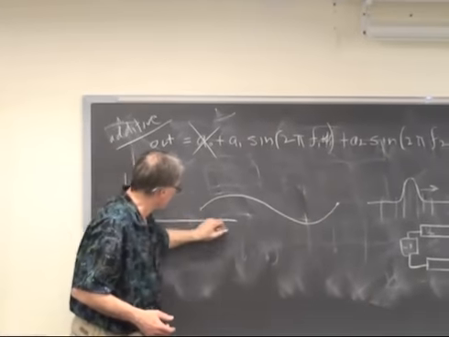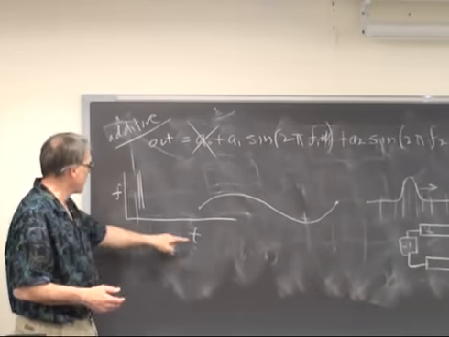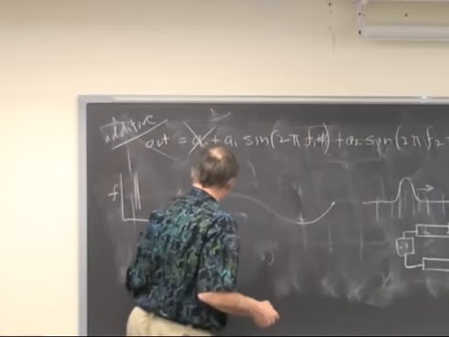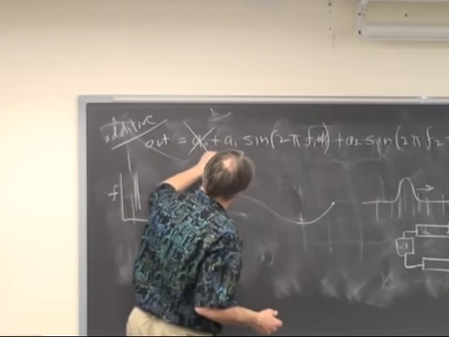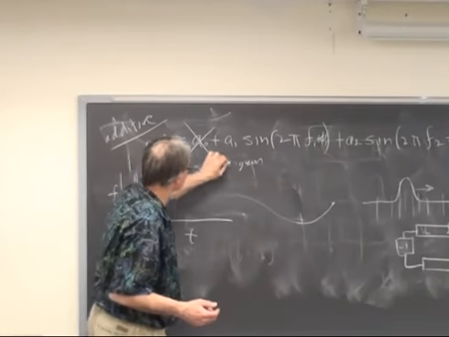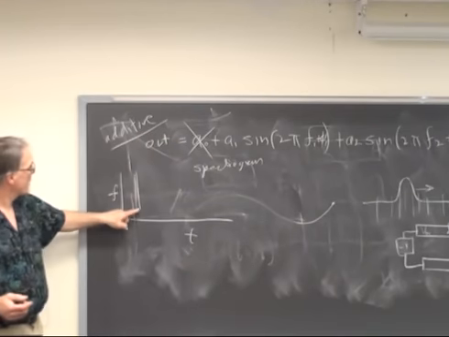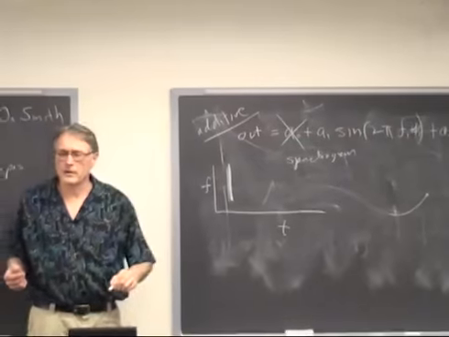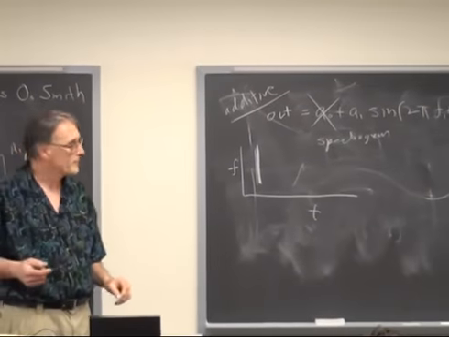If we now plot T and F here, time and frequency, this is called a spectrogram, where the amplitude is encoded by the color, the density of the chalk.